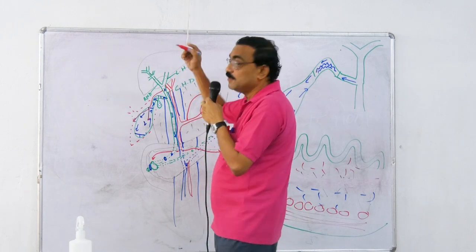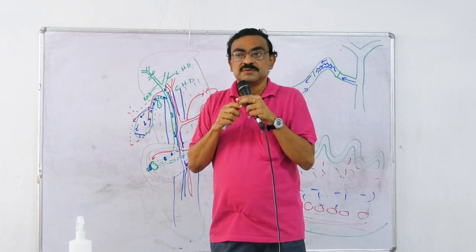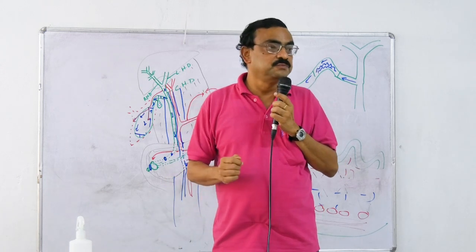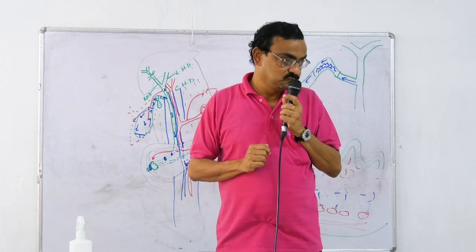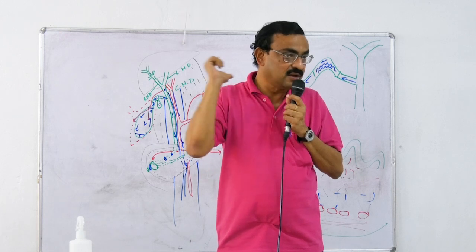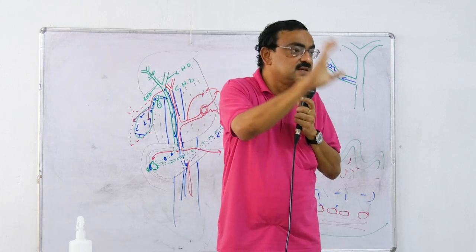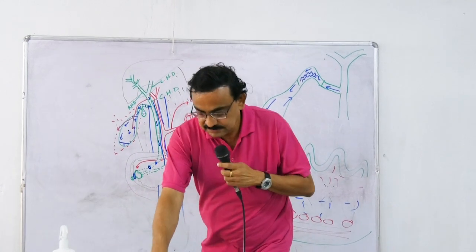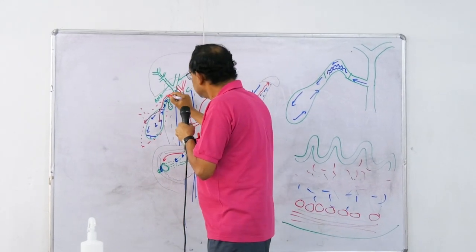One artery generally from the right hepatic artery will come out, and it will supply the gallbladder. That is called the cystic artery. Cystic artery. It is coming up.